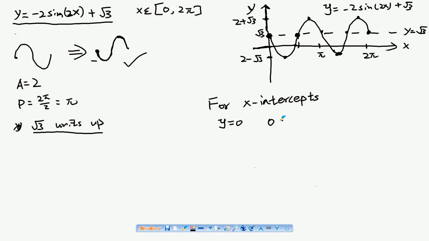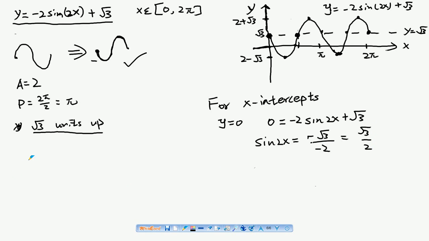So I have 0 equals minus 2 sine 2x plus square root of 3. Rearranging, it becomes sine 2x equals minus square root of 3 divided by minus 2, which is square root 3 on 2.